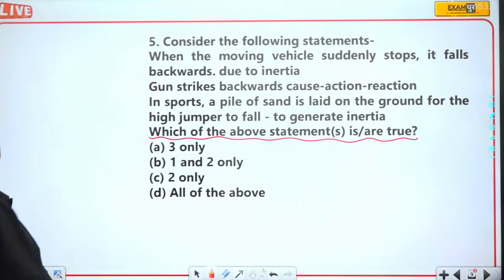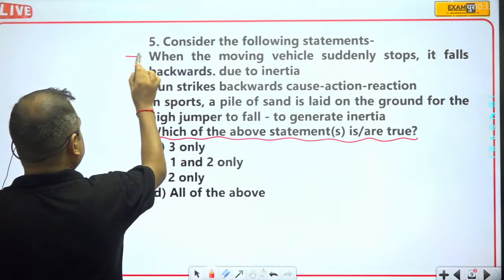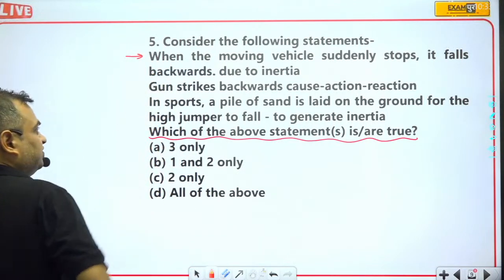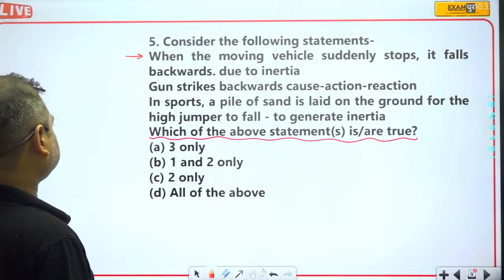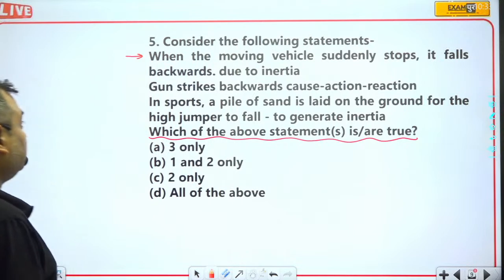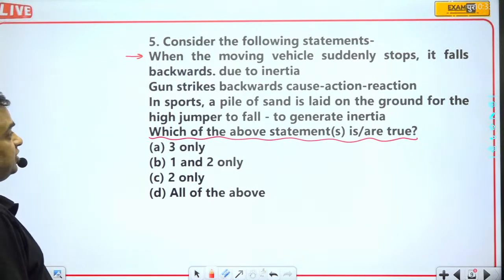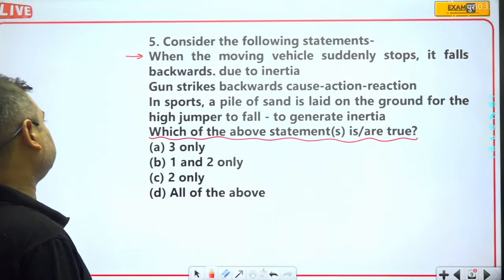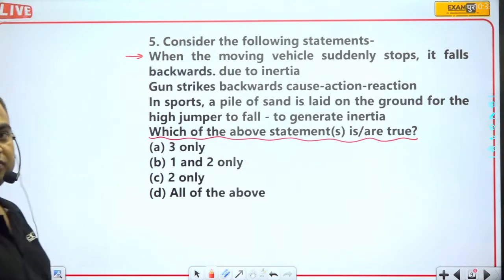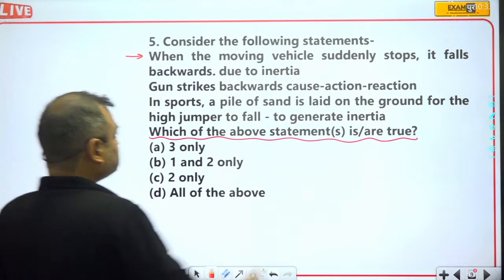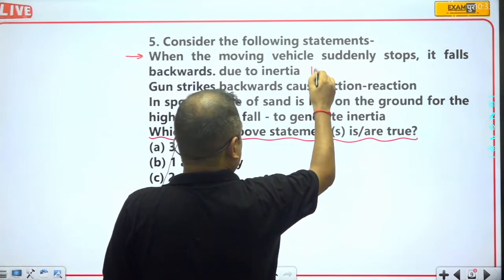Consider the following statements, and you will have to read them very carefully. When the moving vehicle suddenly stops, it falls backwards due to inertia. This is totally wrong.